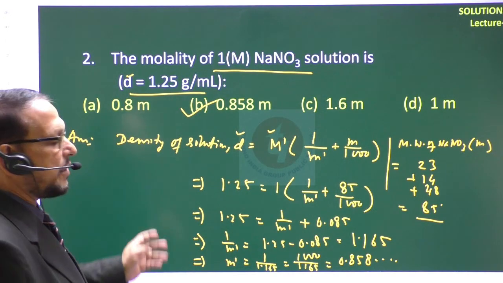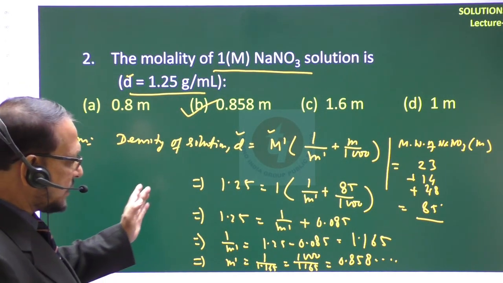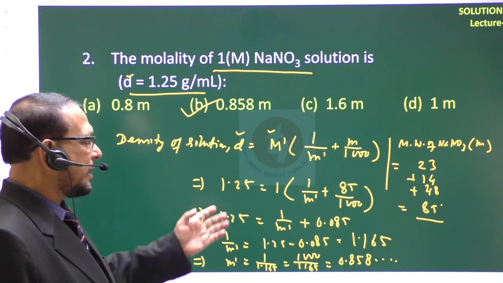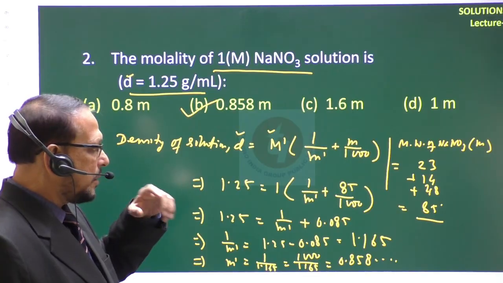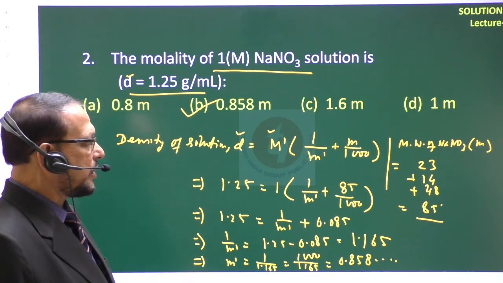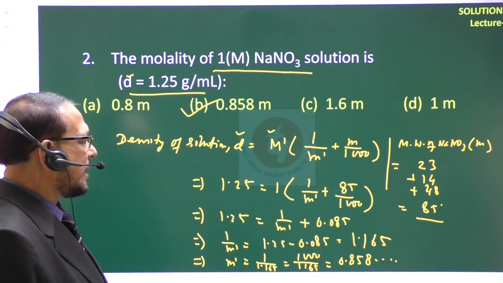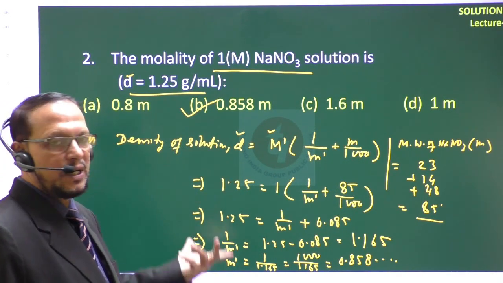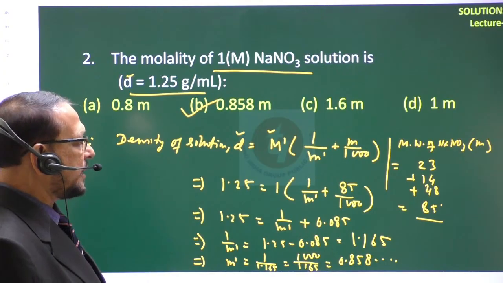This question came in IIT. So this is how we can calculate easily, without any complications. This is the simplest way we can write this. If you know this formula, we can do this numerical within 1 minute.